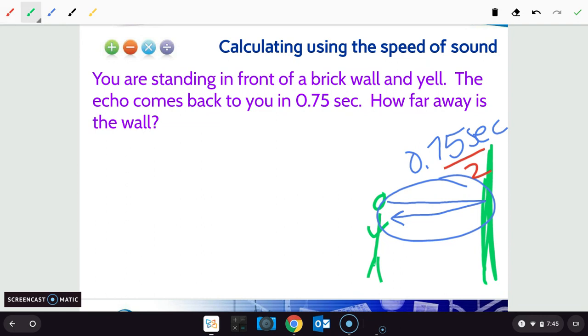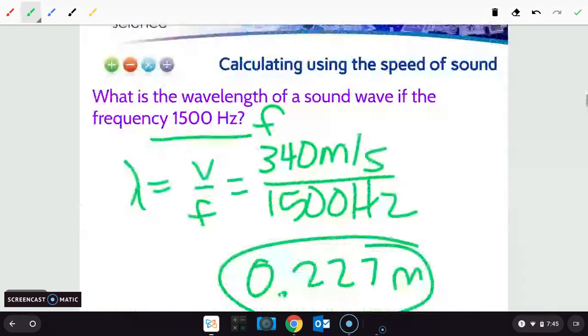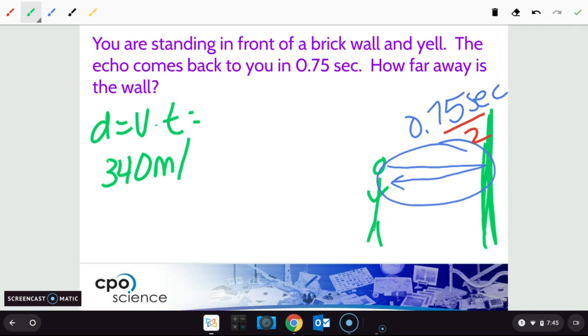So if I go back to that equation, it says how far. That means I'm trying to find a distance. So if I cover up distance on this triangle, I would have that as speed times time. So distance is equal to speed times time. Again, the speed of sound is 340 meters per second.